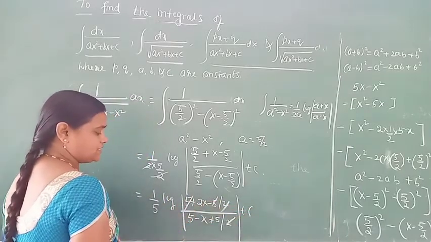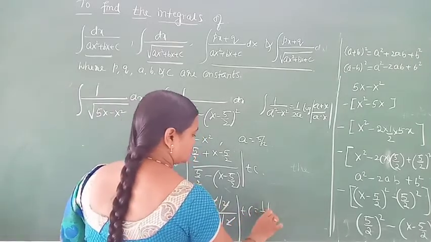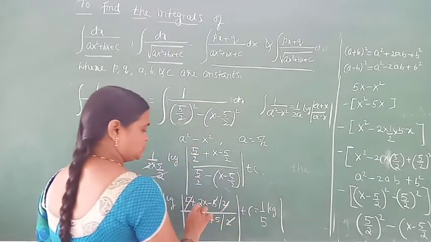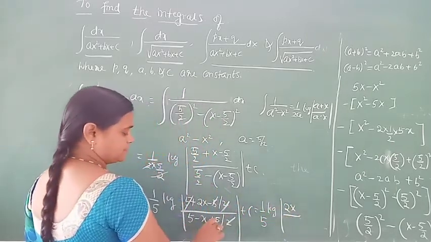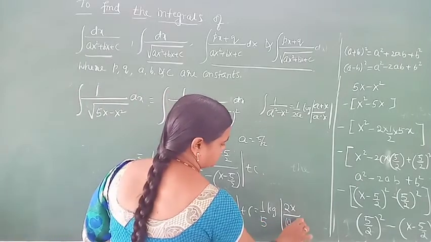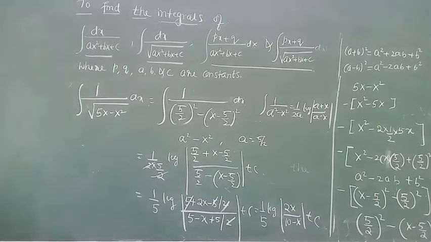Minus 5 plus 5 gets cancelled. We get the answer 1 by 5 log of modulus of 2x by 5 plus 5 is 10 minus 2x plus c. This is how we can calculate the answer.